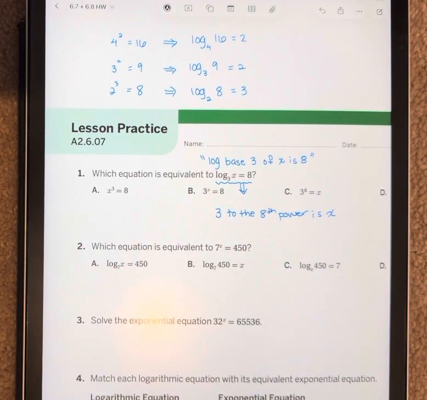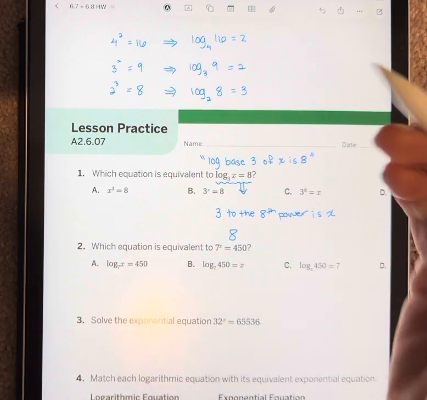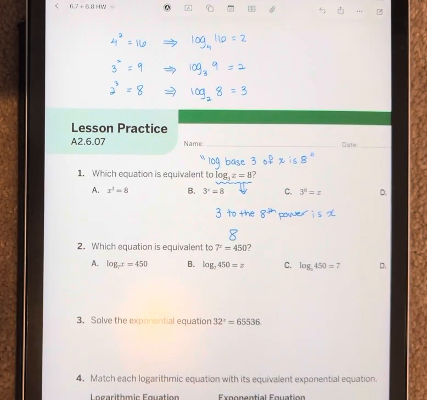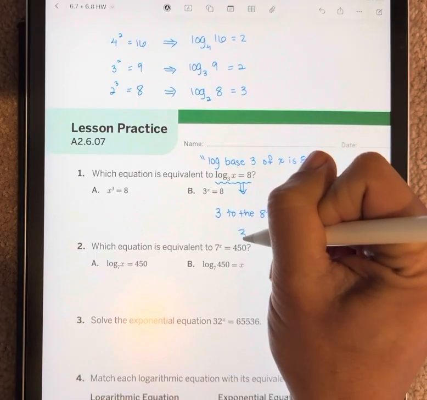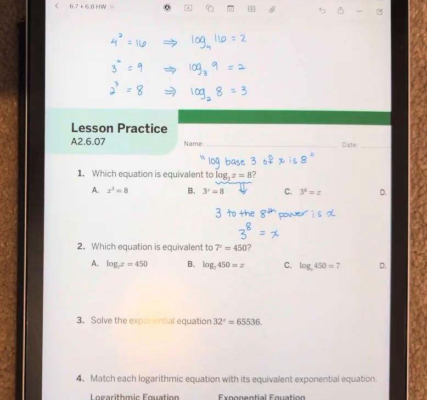That's what it means in exponential terms, I should say. So 3 to the 8th is x. So we could write that. Oh, wait, I wanted to write a 3, but I wrote an 8 because I was thinking about 8. 3 to the 8th is x. Okay. That's what it says, and that's what this question is asking us.